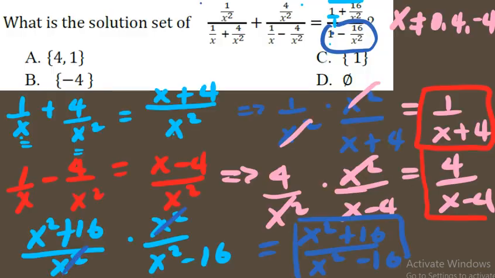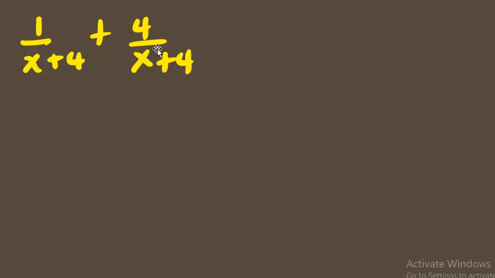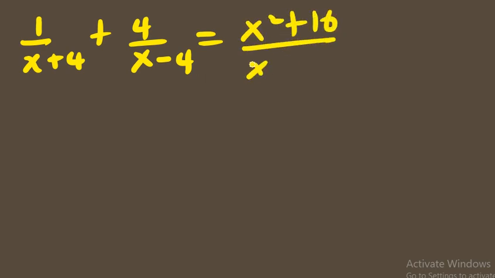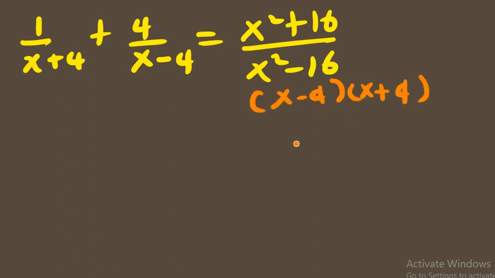So 1 over x plus 4 plus 4 over x minus 4 is equal to x squared plus 16 over x squared minus 16. But x squared minus 16 can be written as a product of x minus 4 and x plus 4. Still the denominator will be different from 4 and negative 4.